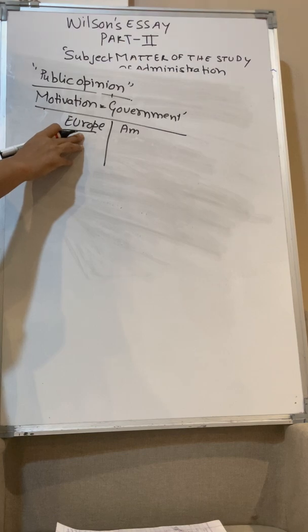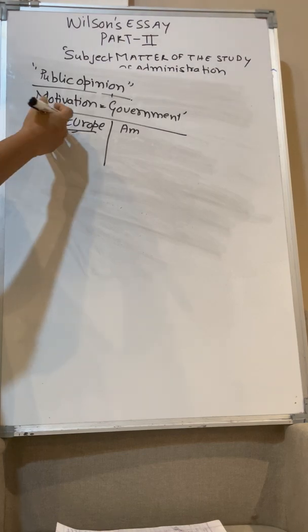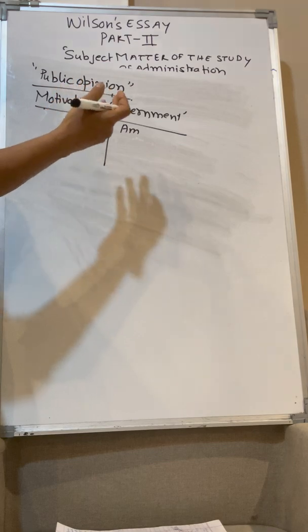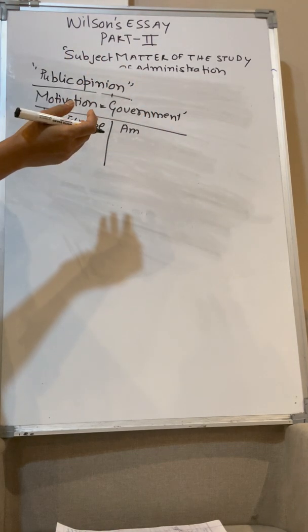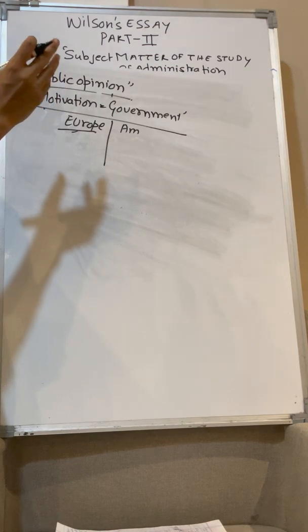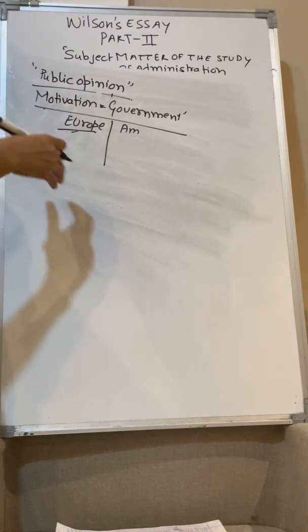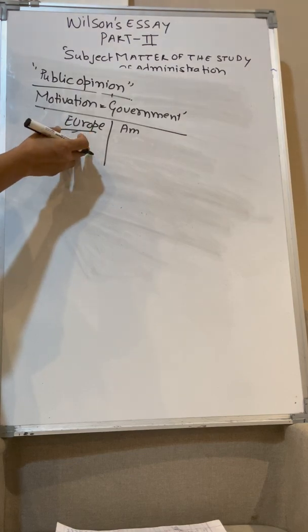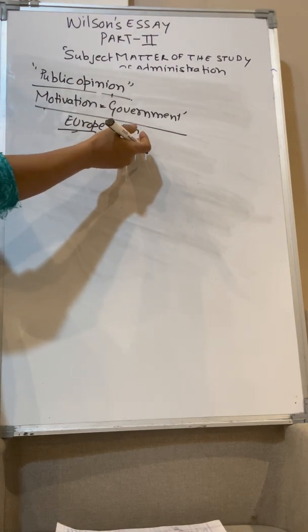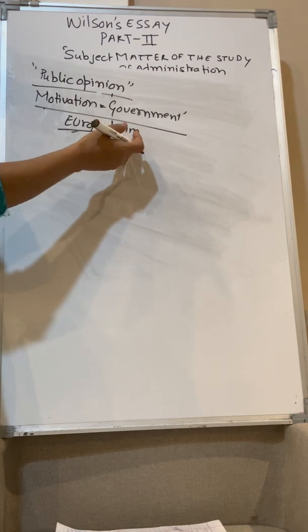One writer has written, please have your own opinion, because if you have the opinion, you will be a check on the government and it will be more efficient. But we are at an advantageous stage that we have an opinion.